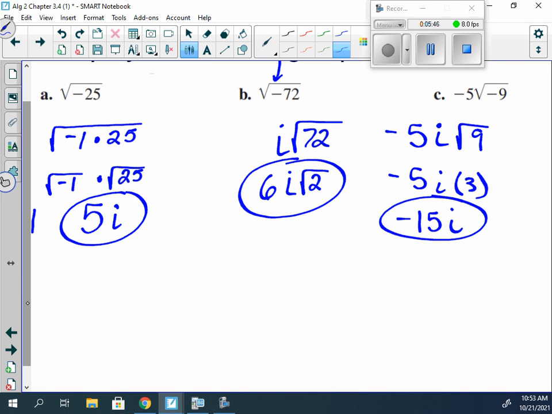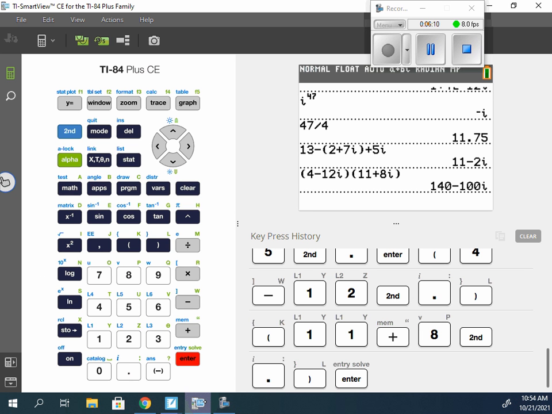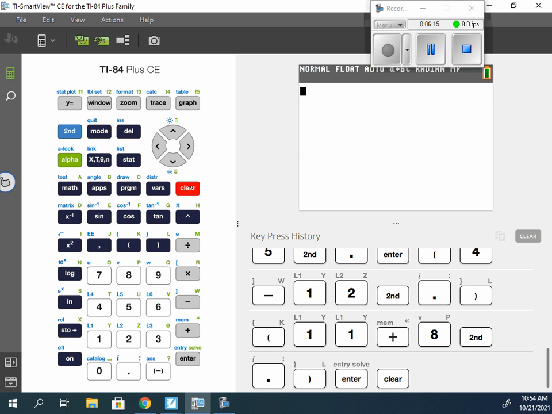So the yellow calculators won't do i. They won't do imaginary terms. Now, if it is a perfect square, so 4 or 9 are perfect squares, the graphing calculator can do those. So I'm going to do this here.